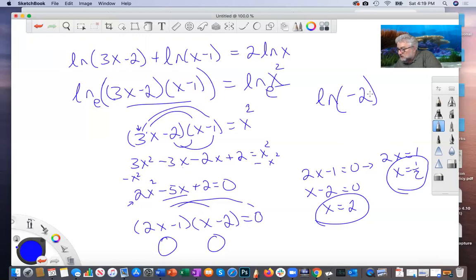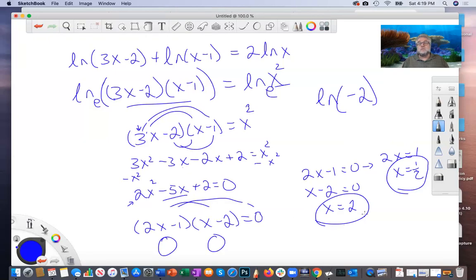Natural log of minus 2. Error, error, error. Let me try it again because I didn't do a natural log of -2 close paren. Still error, error, error, because the natural log function is not defined for a negative number.